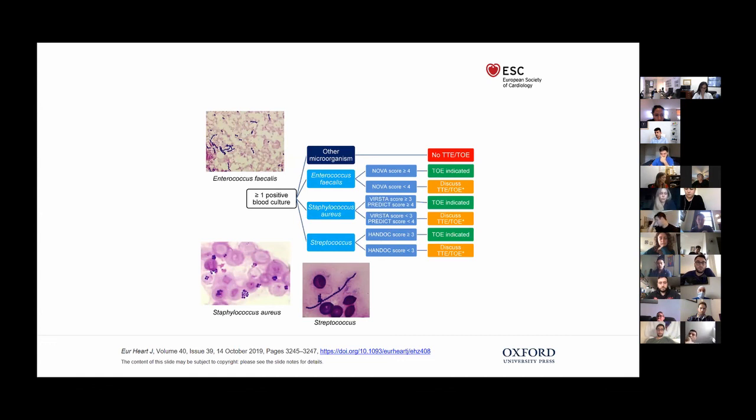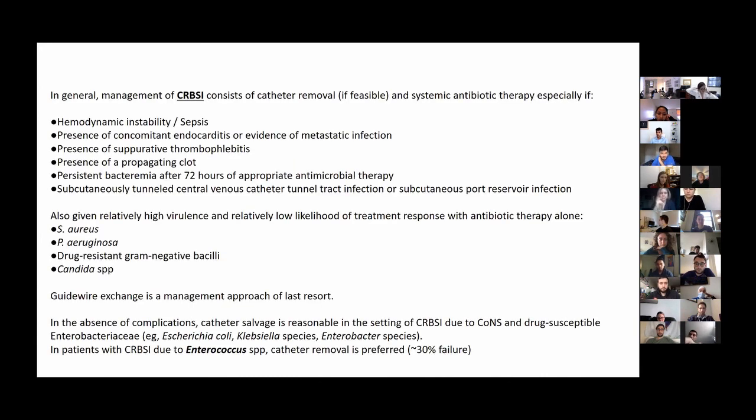And then these scoring systems can be helpful. So for entero, we're going to do the DENOVA score. For staph, we can use the VIRSTA or PREDICT scores. And for strep, we can use the HANDOC. And they will be helpful. And so this is European Heart Journal. So I'm not sure where we are with time, but I think that's kind of my spiel.